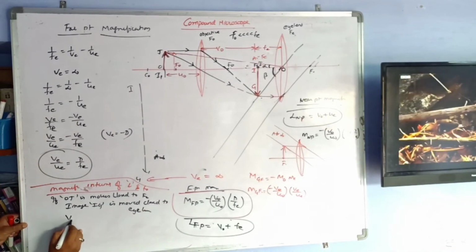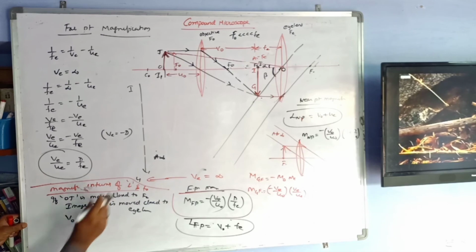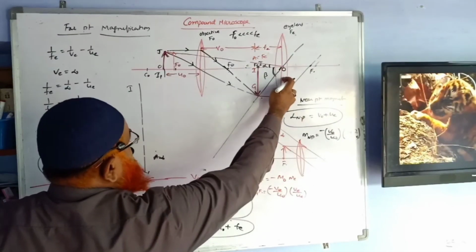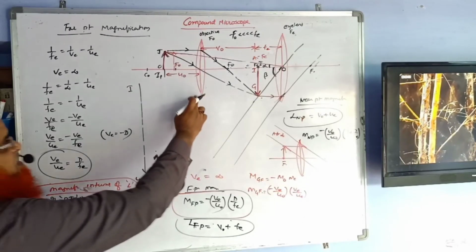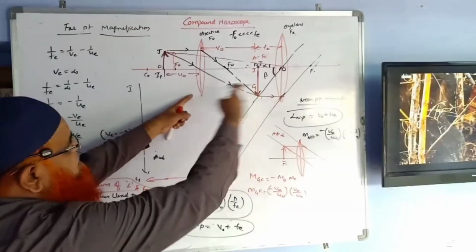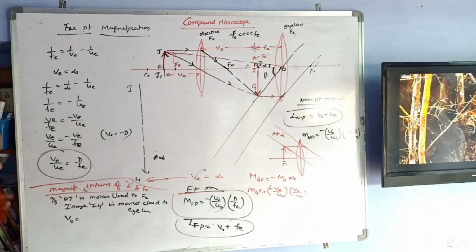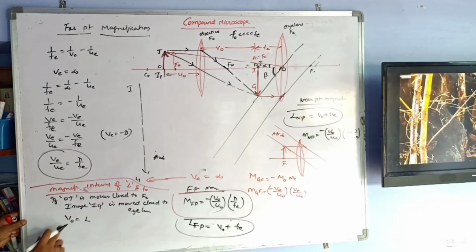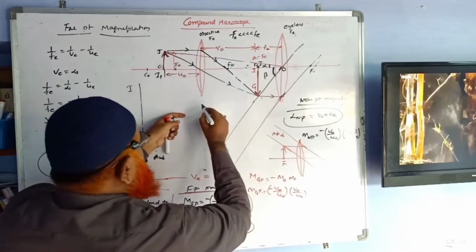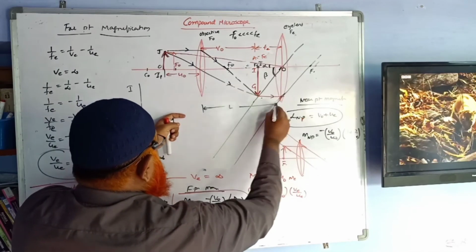Then you replace V naught, as the image is going very close to the eye lens, with the total length. Now VE will not be VE, it is going to be the total length here. So how much is the total length now? Here VE is going to be L, the total length here.